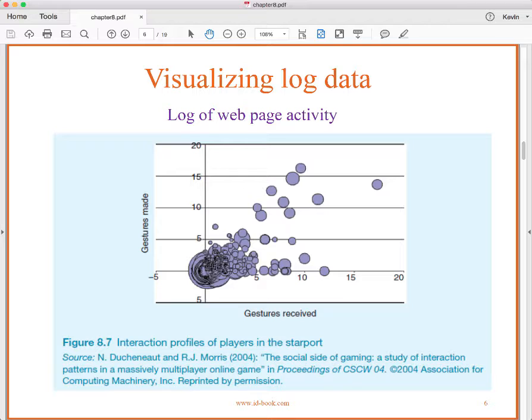So these are some really interesting data visualizations. This is almost three-dimensional in the way that they're trying to represent the data.